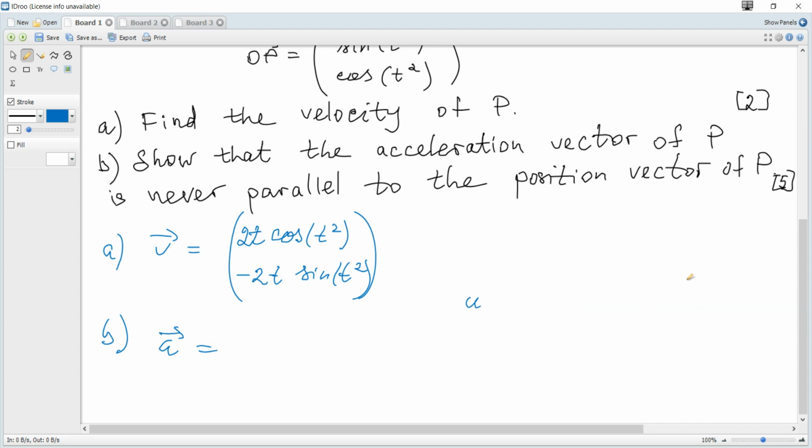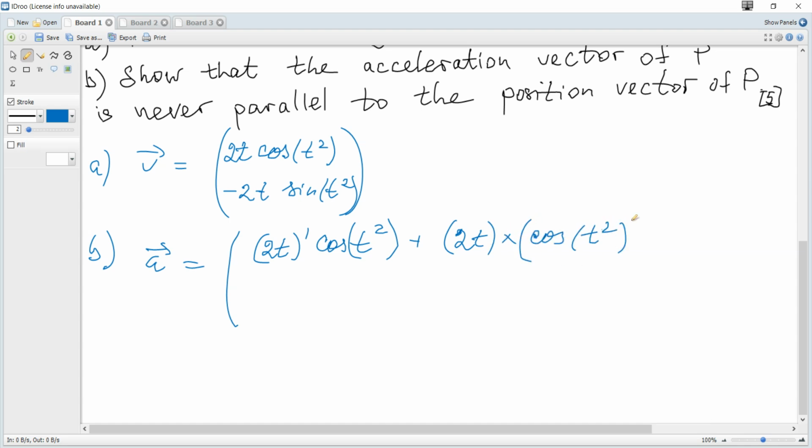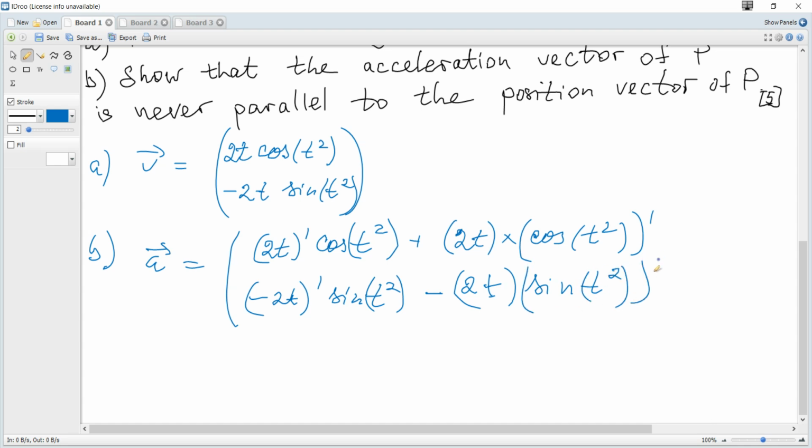So it becomes 2t derivative multiplied by just cosine, plus 2t multiplied by the cosine of t squared derivative, and negative 2t... it's just minus 2t sine derivative.